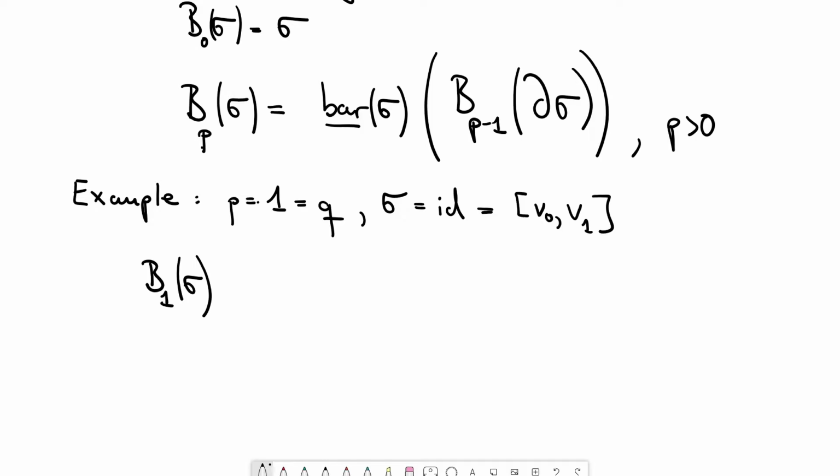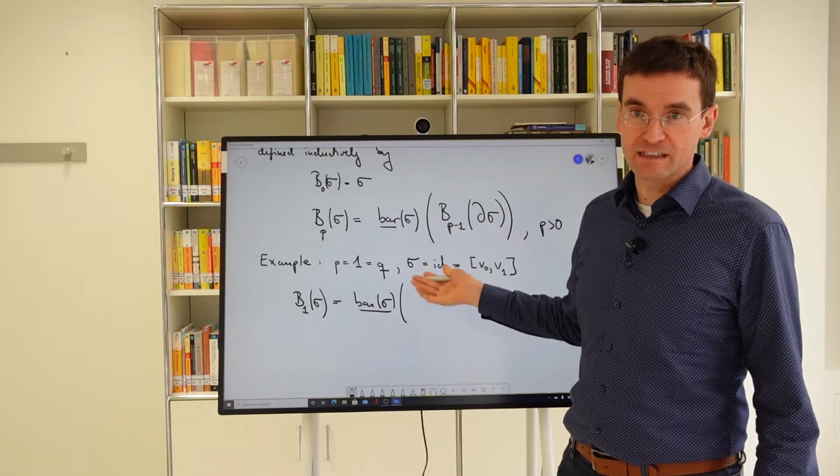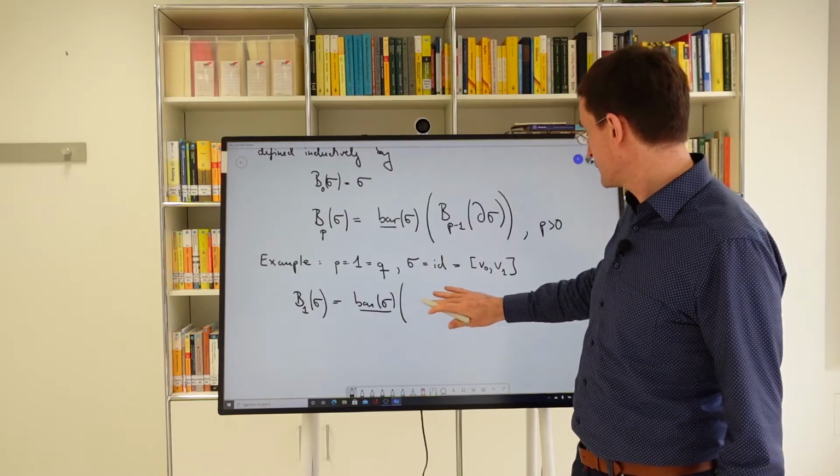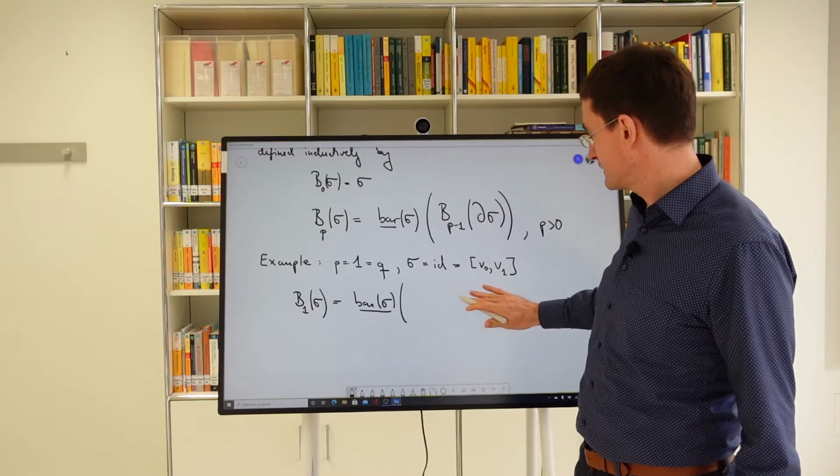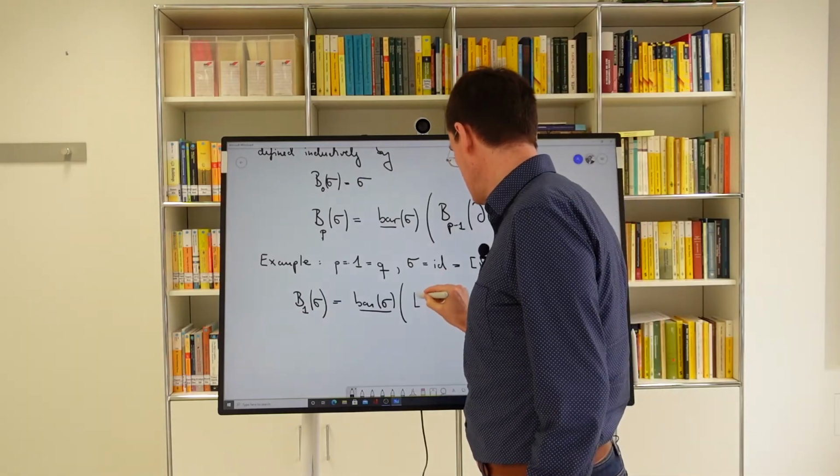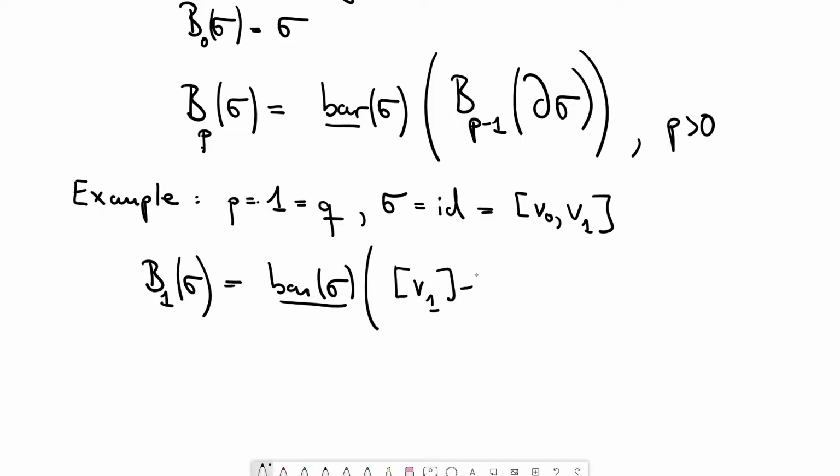It should somehow divide our simplex into halves. So it's the barycenter of B_0 of the boundary. B_0 is the identity, so let's forget about B_0 and just write the boundary here. The boundary is [V1] minus [V0]. And adding the barycenter is just 1/2 of V0 plus V1.